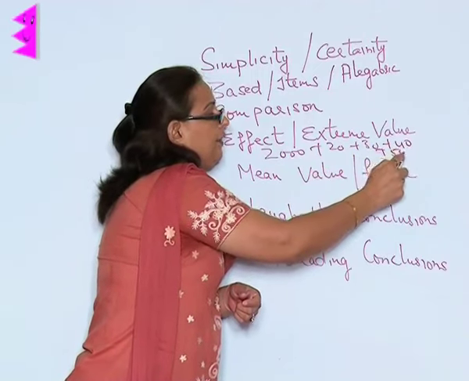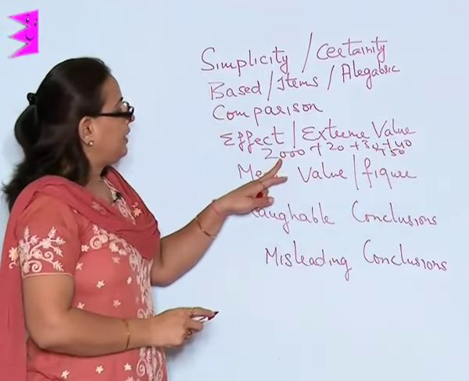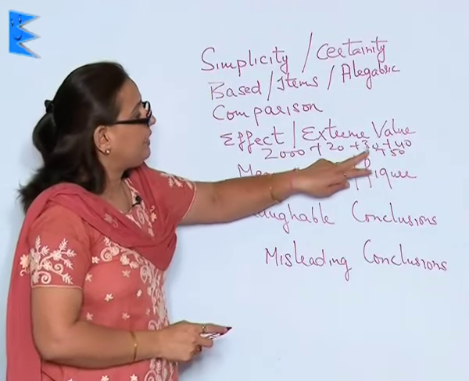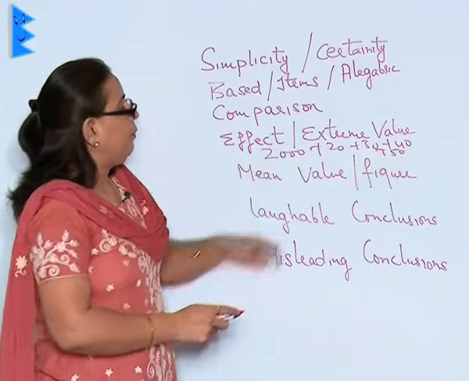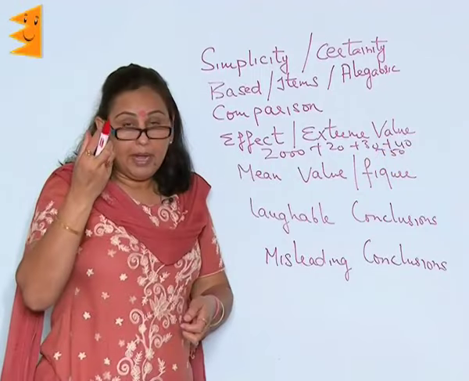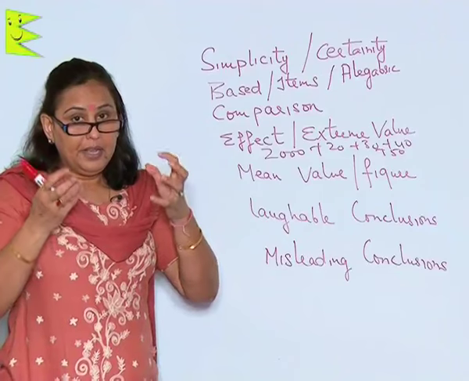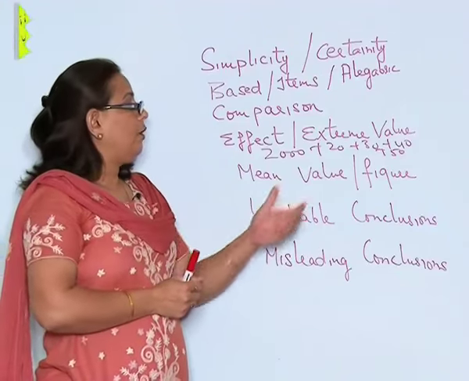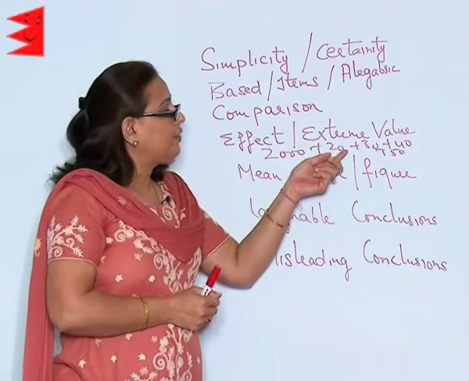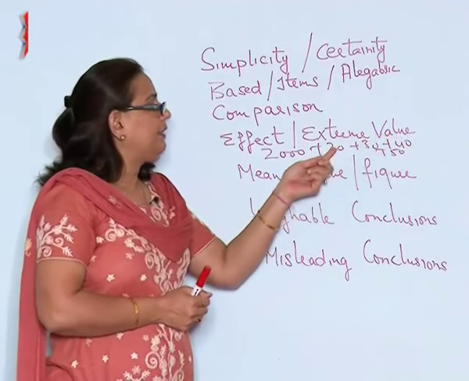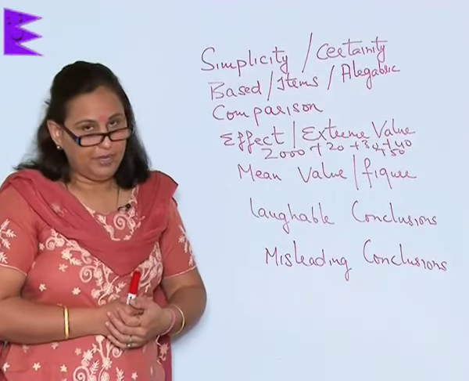When I take out the mean, I will be calculating this 2000 along with these meager pocket moneys, which means the central tendency which will come out will be much higher than what most of the students are getting.